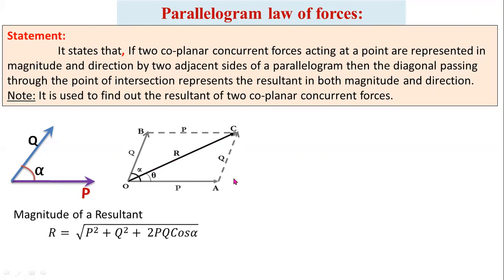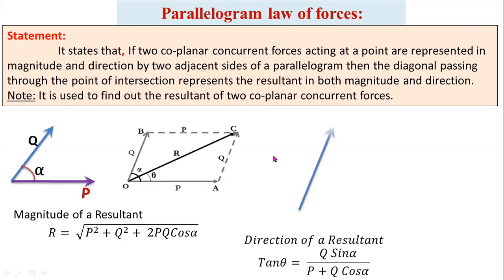Now I am showing the procedure. First, I consider a force Q at an angle with respect to the x-axis, and then I consider the given horizontal force P. So this is the given diagram.